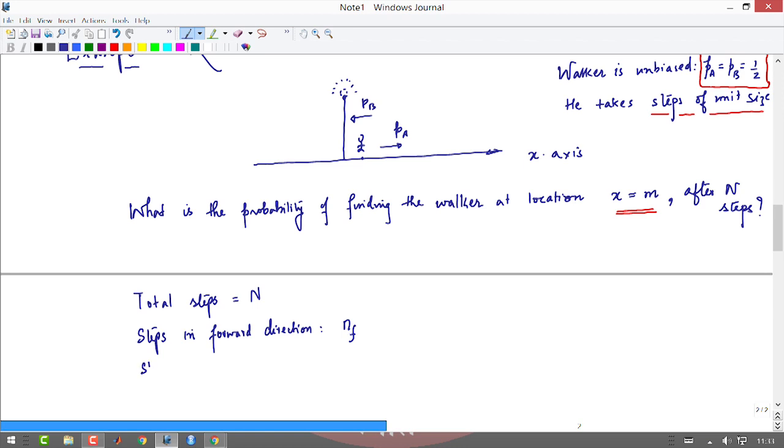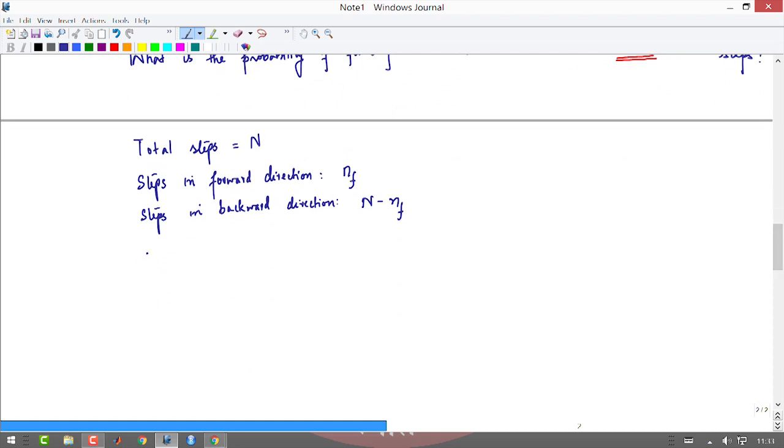Steps in the backward direction actually should be N minus NF, because the total number of steps is the big N, and so your net displacement, assuming the walker starts from origin.